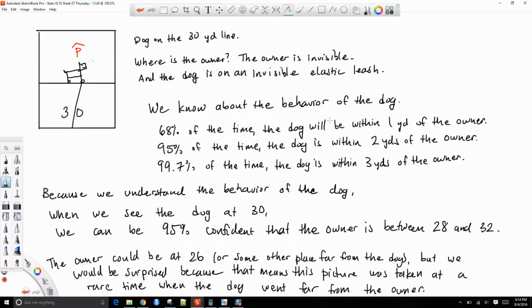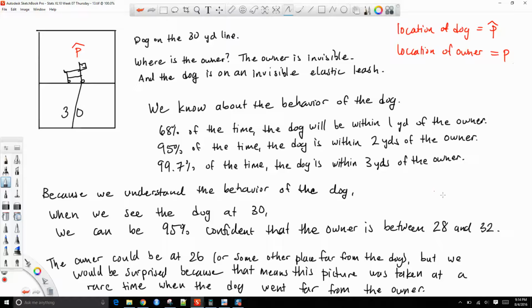Whereas where the owner is, location of the owner, that's p. That's the proportion in the tank. We don't know what percentage of the candies in the tank are blue. Okay, we don't know that proportion.